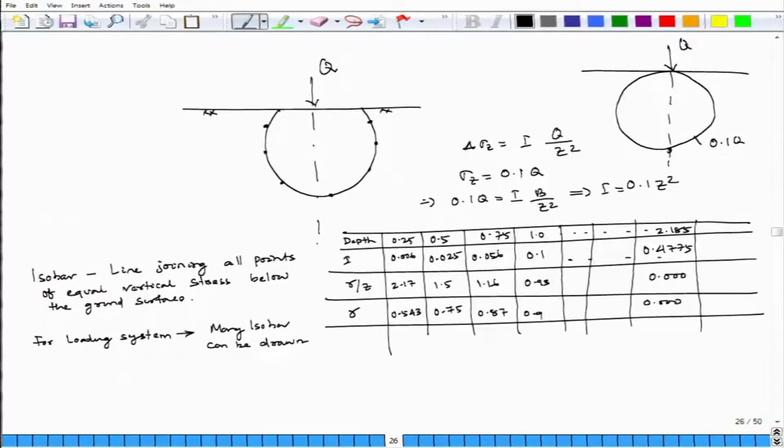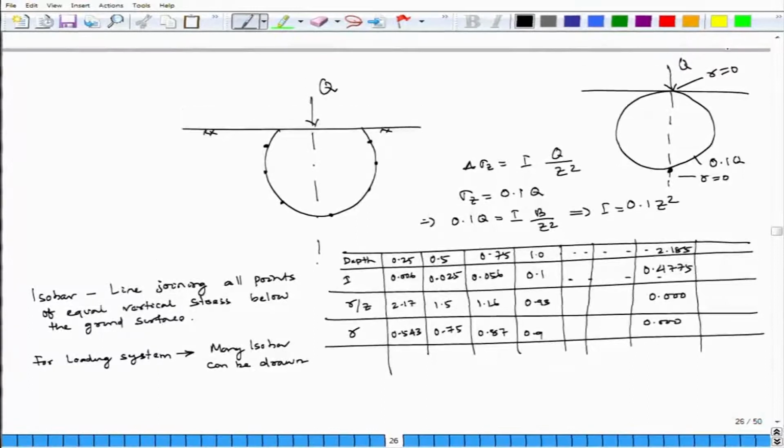At this point R is equal to 0, at this point also R is equal to 0. So, this part will be your Z. So, this distance will be somewhere else, 2.25.